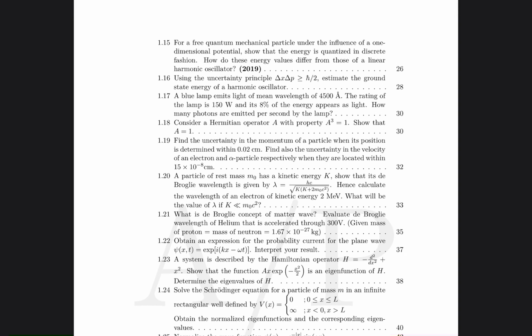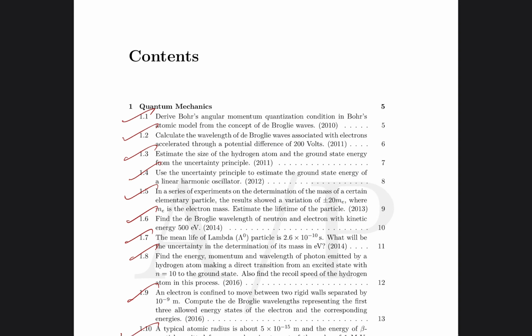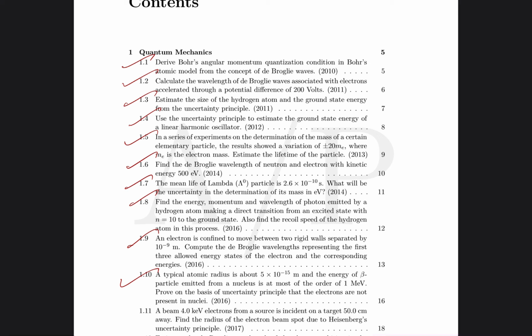So we are moving topic wise. From 2010 to 2016 we have covered the basic concepts, questions from the Heisenberg uncertainty principle, questions from de Broglie wavelength, and other fundamental questions related to the peripheral topics from these topics.